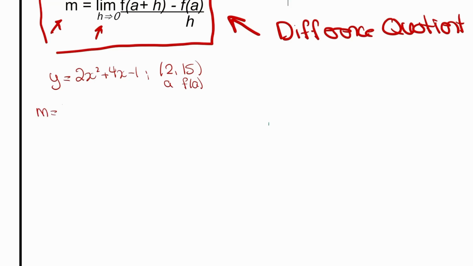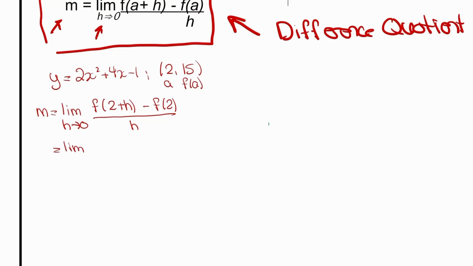So my slope of the tangent as the limit of h approaches 0 is going to be equal to f of 2 plus h, which will be my y2 value, minus f of 2, that's my y1 value, all over h.